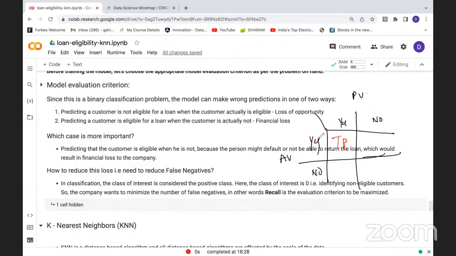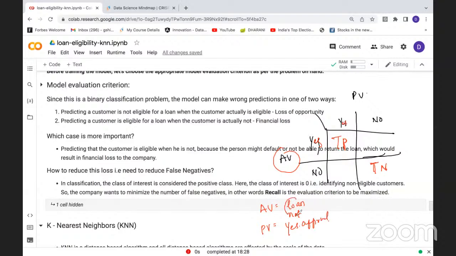You are saying that loan is approved, and your model is also saying loan is approved. You are saying that loan is rejected, and your model is also saying loan is rejected. If the actual value is no, actually you are saying loan is not given, not approved, but your predicted value is saying yes, loan is approved.